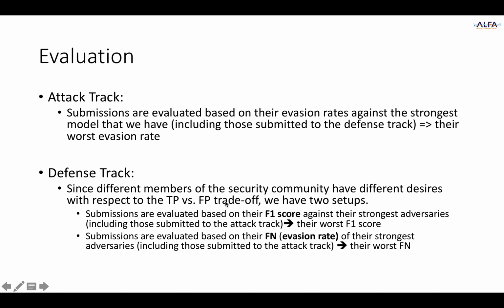In other words, we rank these submissions based on their worst F1 score, and the top is the one that has the best worst F1 score. This is to make sure that we have a good balance of precision and recall.